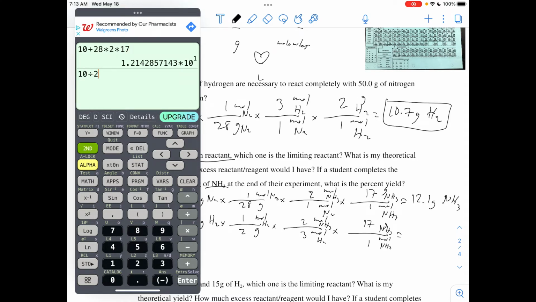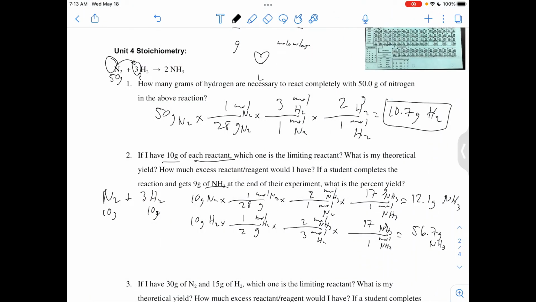And if I did 10 divided by 2 times 2 over 3 times 17, I get 56.7 grams of NH3. So notice what this tells me is that if I started off with 10 grams of each of these in separate reactions, the nitrogen would make only 12.1 grams of ammonia, whereas my 10 grams of hydrogen would produce a lot more ammonia.